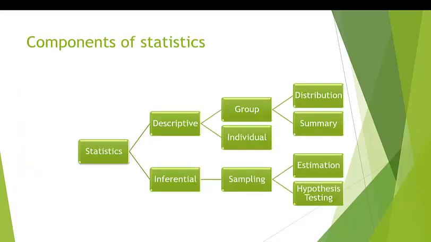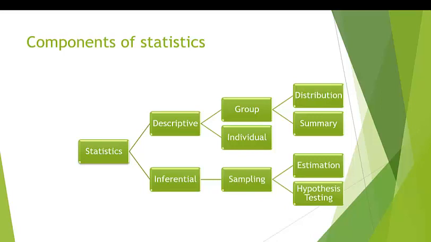So let's look at the components of statistics. Up until this point, the first four modules have been looking at that top branch there. We've talked about descriptive statistics. In the first three modules we went onto the very top there in group and looked at distribution and summary.